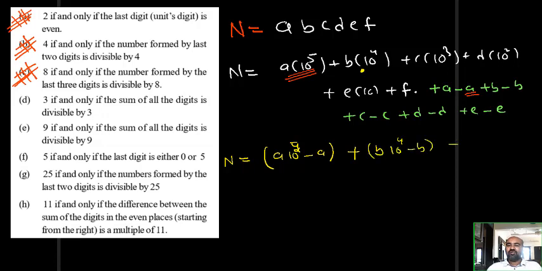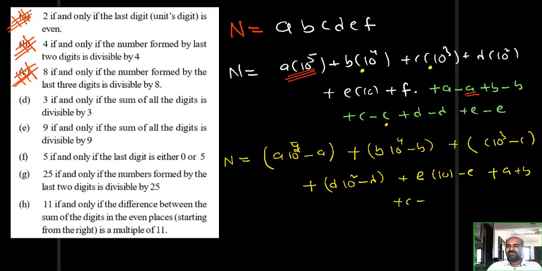Plus next C into 10 power 3 minus C I want to make a group. Why am I grouping all these? I will explain that later. So next D into 10 square minus D is grouped, plus E into 10 minus E grouped. Rest terms I want to write as they are. What are the rest terms? Plus A, plus B, plus C, plus D, plus E, and this F.